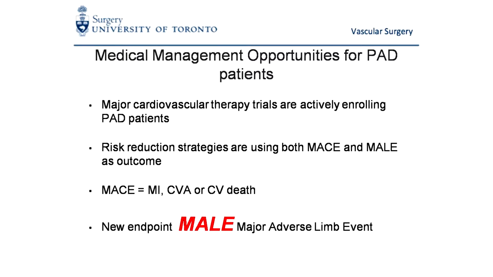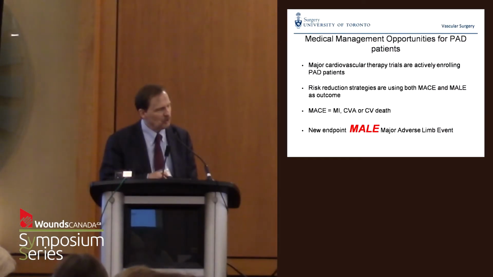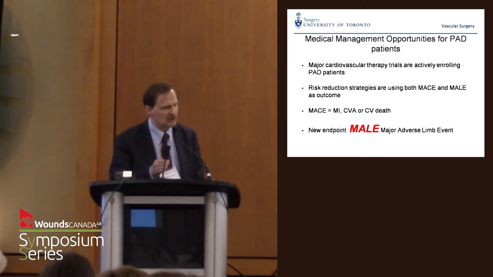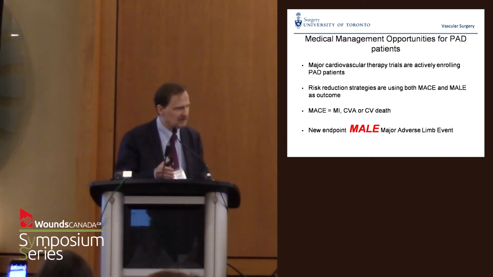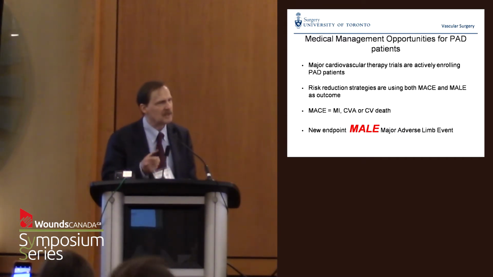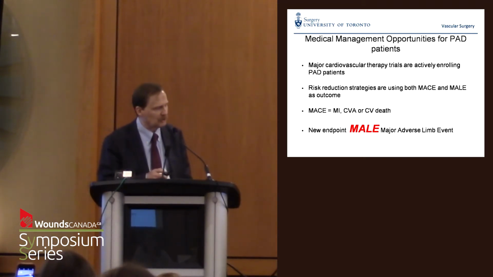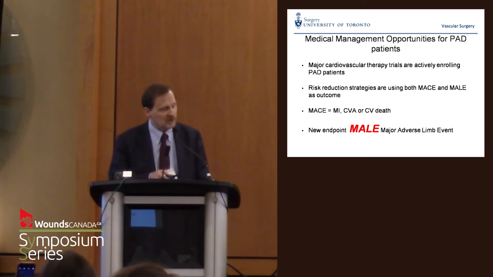And what you're starting to see in major cardiovascular therapeutic trials is that they're starting to enroll PAD patients because the cardiologists have finally realized that those patients have much more advanced atherosclerosis than some of their patients who just have coronary artery disease or stroke alone. And so risk reduction strategies are using, instead of just the MACE as the major adverse cardiac events, they now have a term MALE, major adverse limb events. And so you're starting to see this as an endpoint in large clinical trials for secondary prevention.